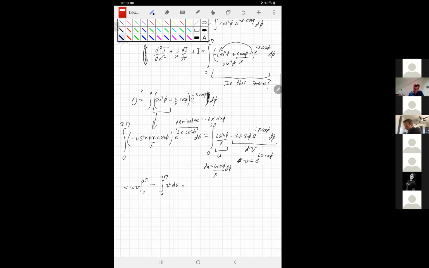Well, uv, that's going to be I sine phi over x e to the I x cosine of phi from 0 to 2 pi minus the integral of I cosine phi over x. Any questions on the algebra leading there before we start evaluating terms and hopefully canceling some things?